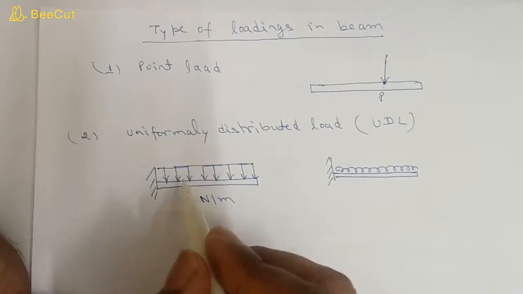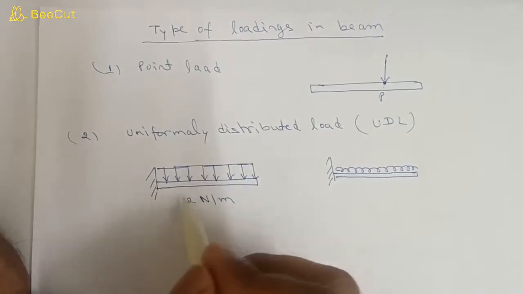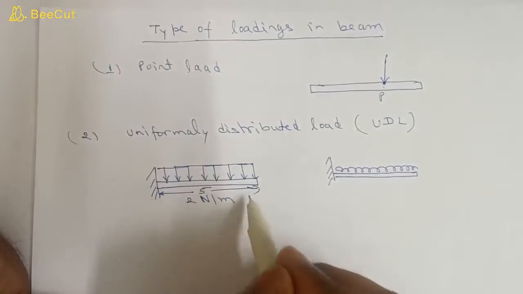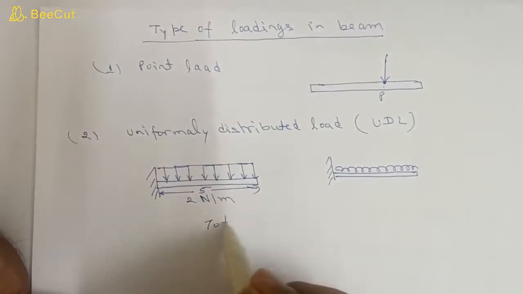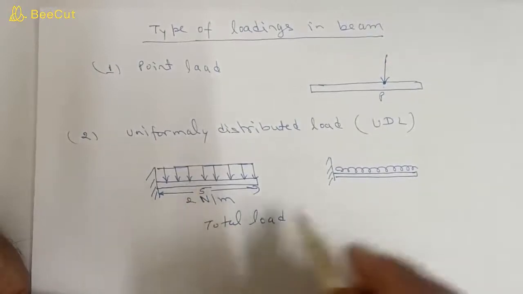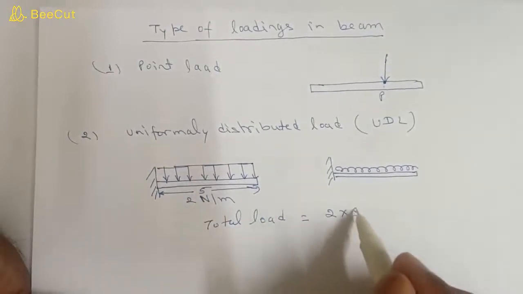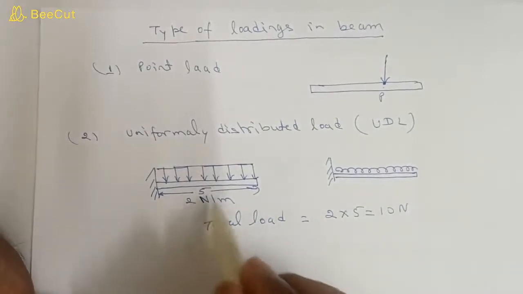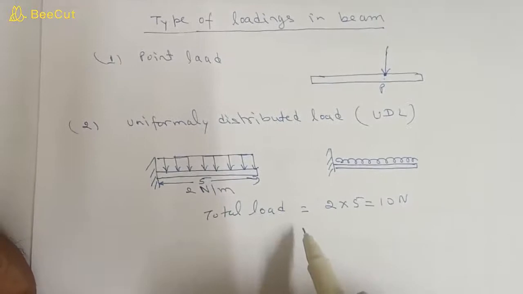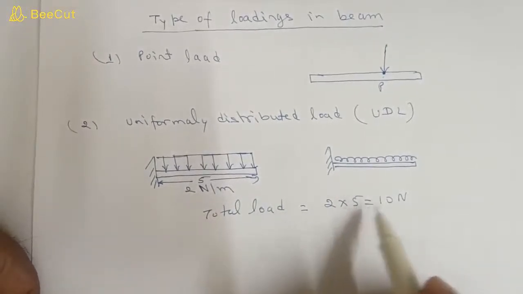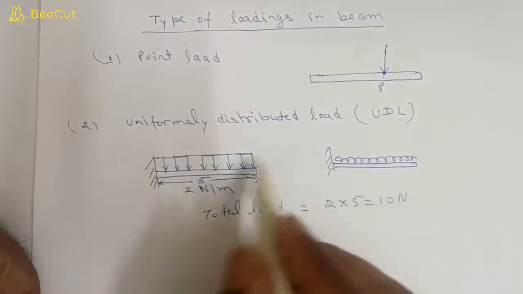So if the intensity of load is given as 2 Newton per meter, and suppose the beam is 5 meter long, then the total load is equal to 2 into 5, which is 10 Newton, meaning intensity of load into length. So if it is given that load is 2 Newton per meter, then we multiply it with the length to get the total value of load.